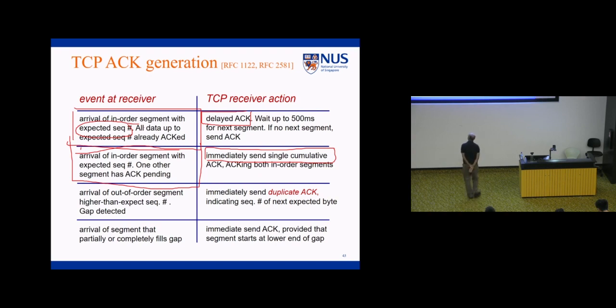Now imagine a case where you do get a packet, but it is out of order. That means you are expecting, let's say, byte number 92. You don't get that packet with byte number 92. Instead, you get the packet with byte number 100, let's say, in our example. So it's an out of order packet.